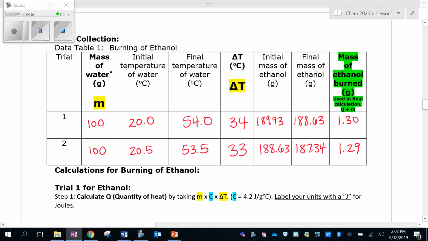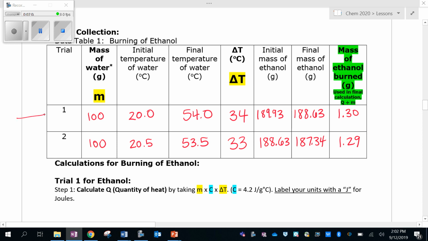Okay, and what I'm going to do right now is run through how to do the calculations. So this will be great for anyone who is going to use their own data. So first trial I want to point out is just this top row. We've got the mass of water, the temperature at the start of the experiment, the end, the change in temperature, the starting mass of the ethanol, the final mass.